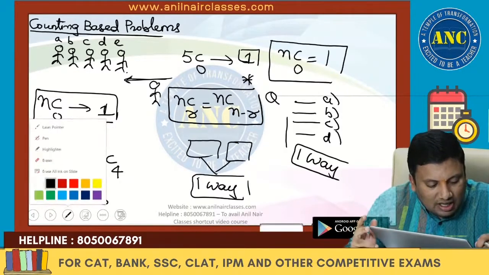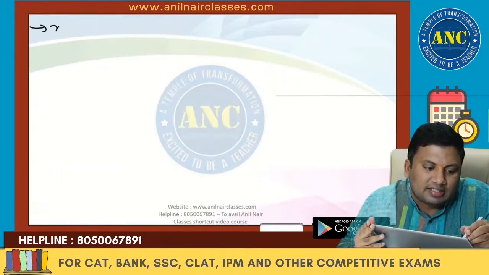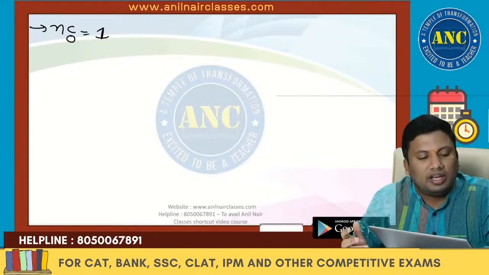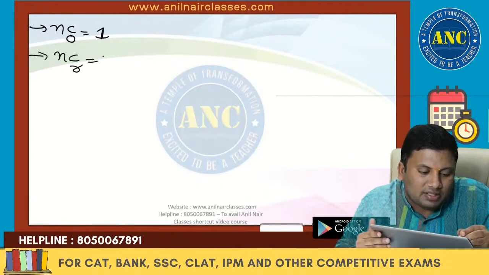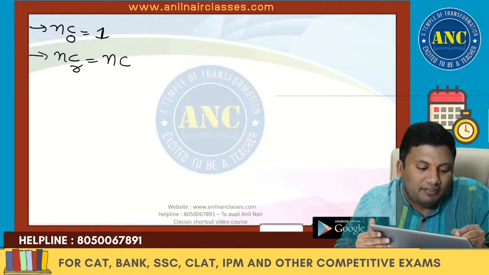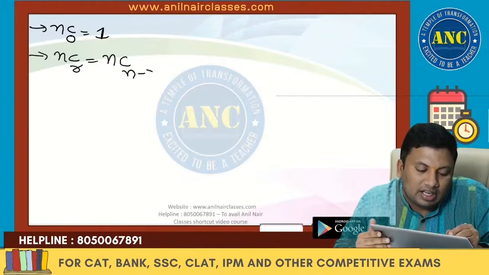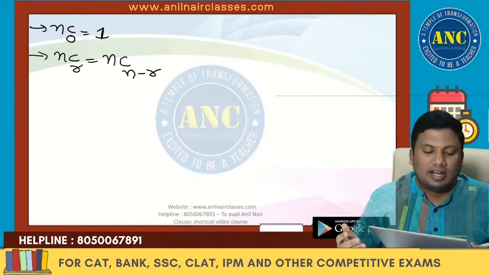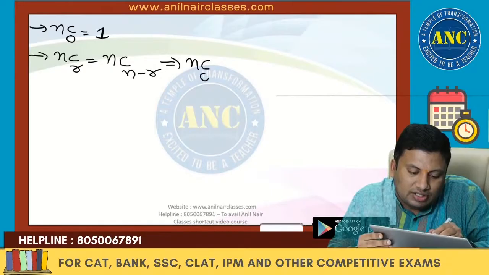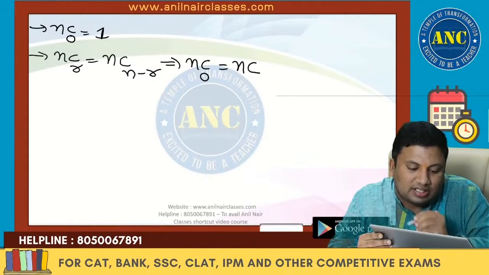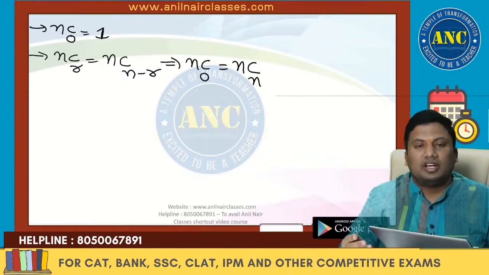So, the first concept we discussed is nC0, it is nothing but 1. Next, out of n, if I am selecting r, it is nothing but rejecting n minus r. That means by using this scenario, nC0 is nothing but nC(n minus 0), which is nCn.